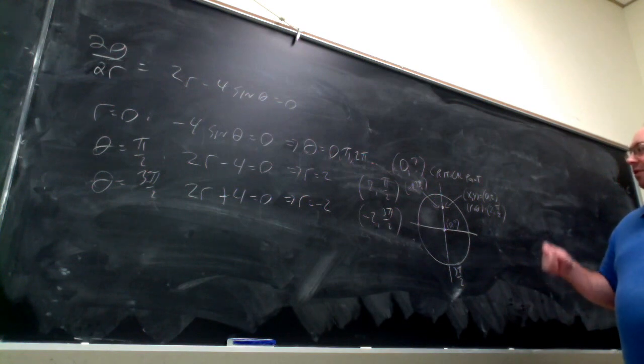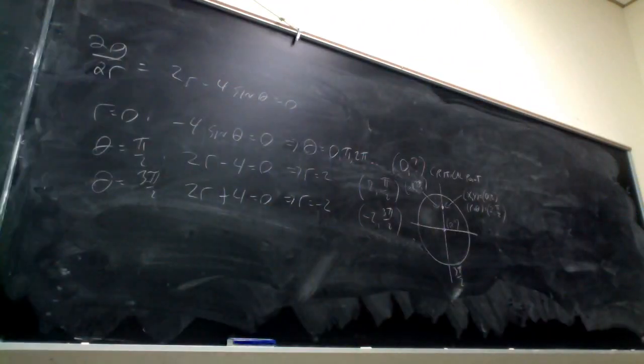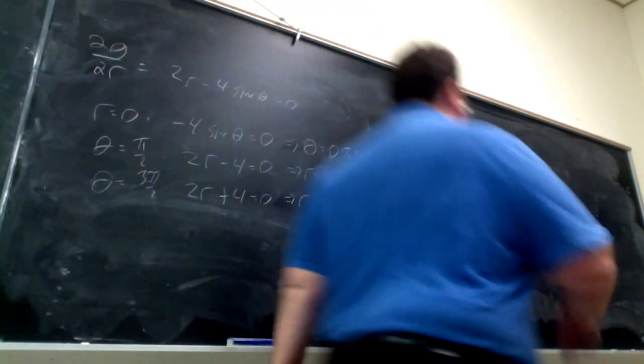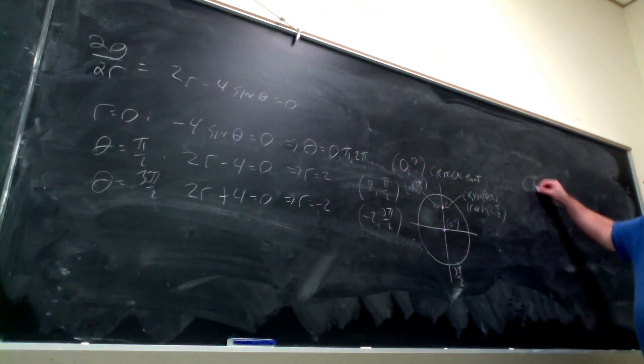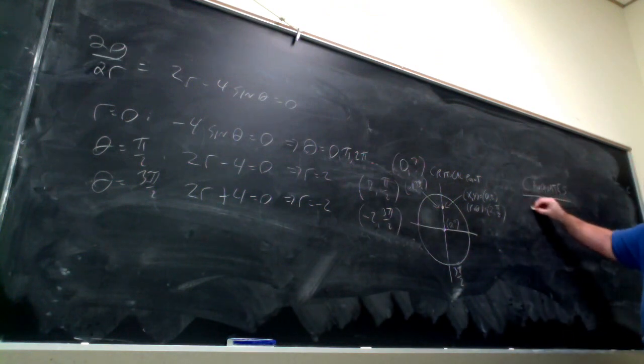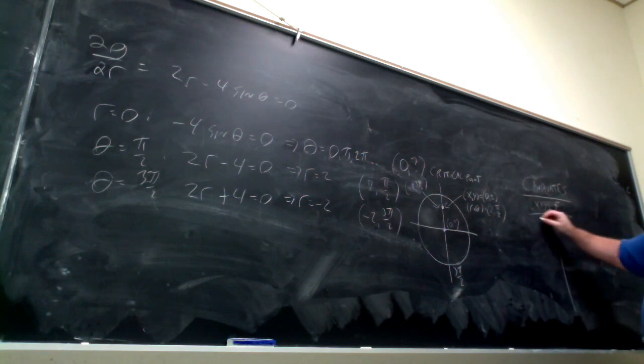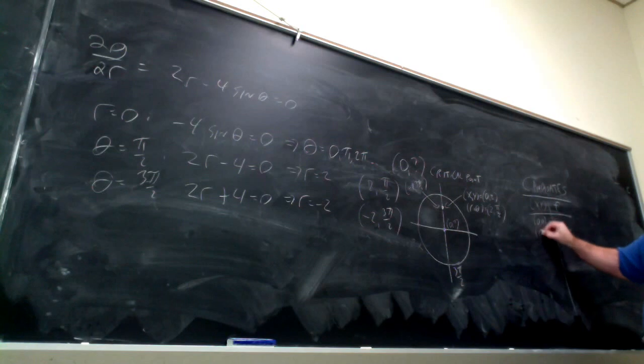And so what we could do is plug those back into the function, either in polar coordinates in this version, or in terms of xy in the original version. So my list of candidates, I'm going to stick with xy. I have 0, 0, and 0, 2.